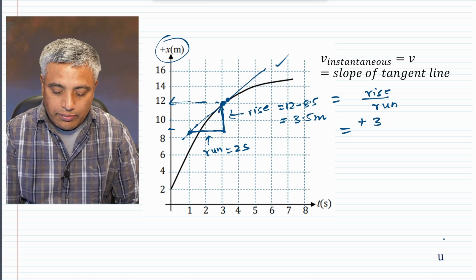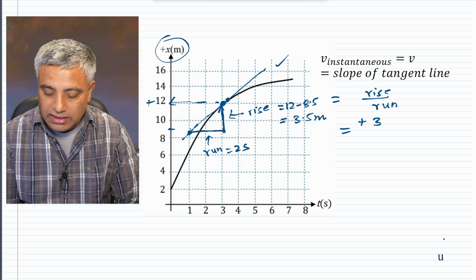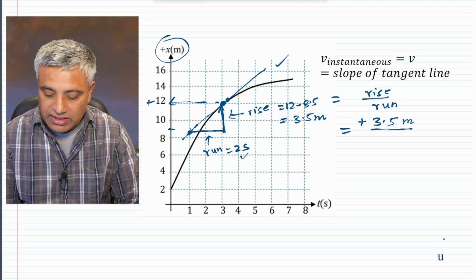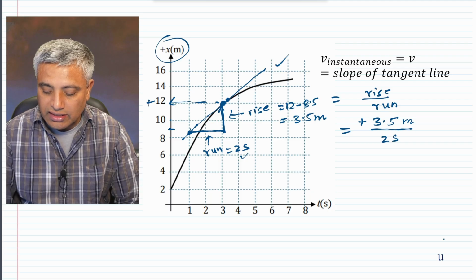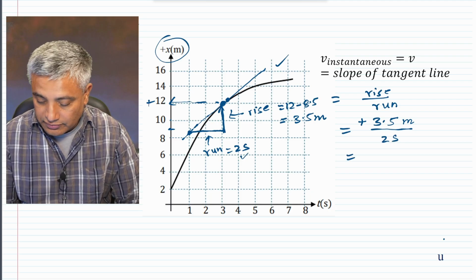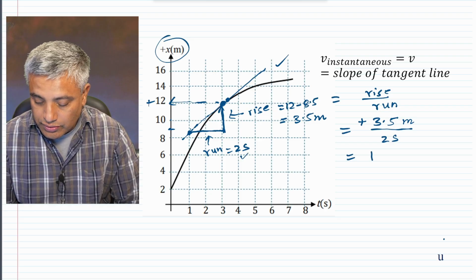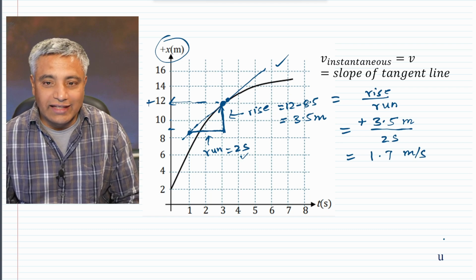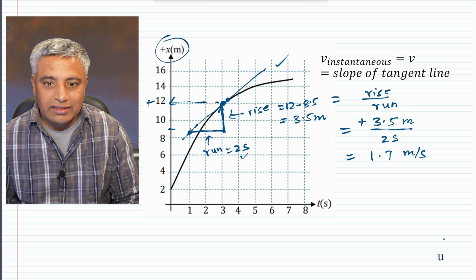Positive 12 minus 8.5 is positive 3.5, just from the calculation as well. And the time interval, just like we said, is 2 seconds. So this ratio gives us, let's see, about 1.75 meters per second. So this is the instantaneous velocity at 3 seconds.